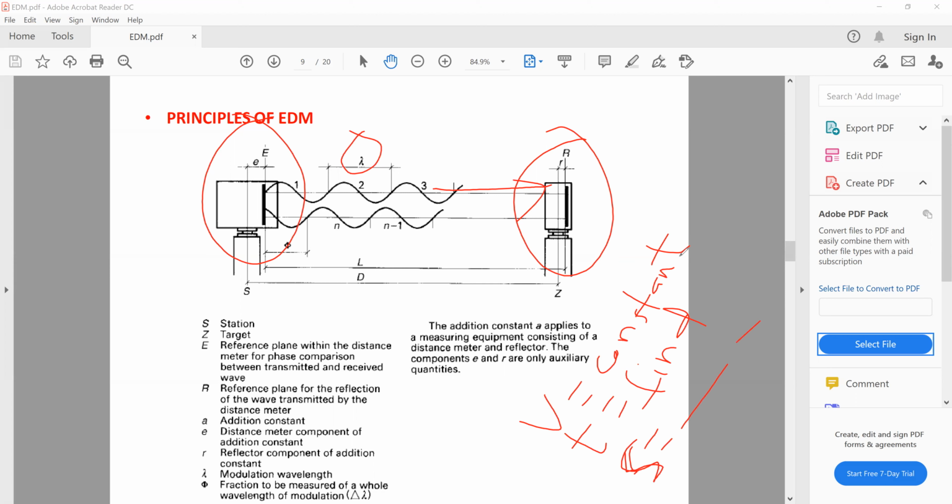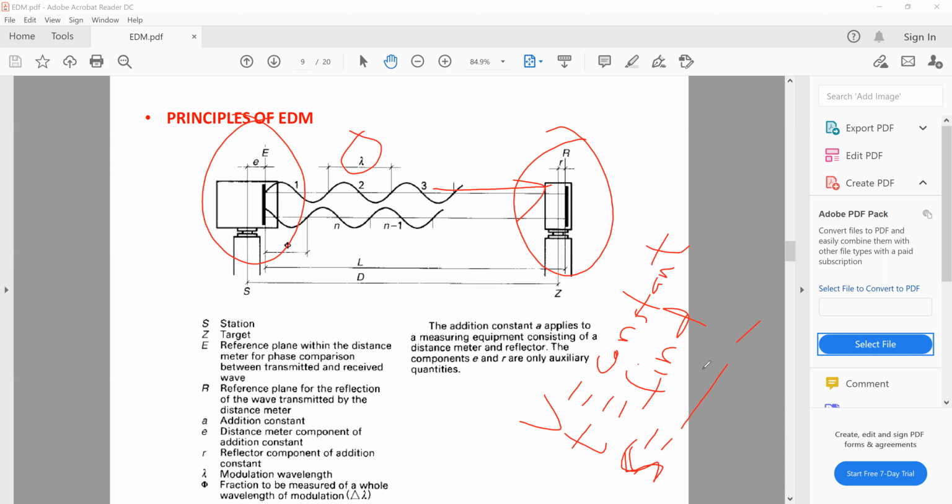Now, remember that if you take the total time, the distance that you get would be 2 times the distance. In order to get the distance one way, you need to divide it by 2. So this is the main concept: you have electromagnetic energy, a wave of a specific wavelength, you transmit it, it strikes the other surface and reflects back, and the instrument measures the time the whole process took.